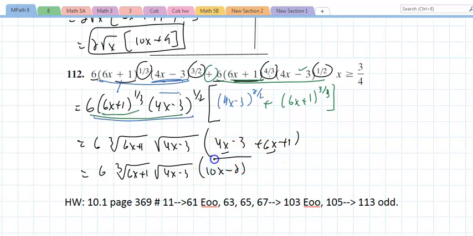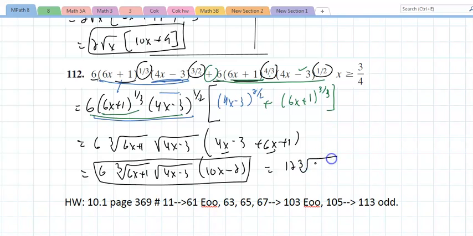I could factor a 2, but that's not needed. You could say factor a 2 out. That's 12 times the cube root of 6x plus 1 times the square root of 4x minus 3 times 5x minus 1 if you wish, but this is a fine answer.